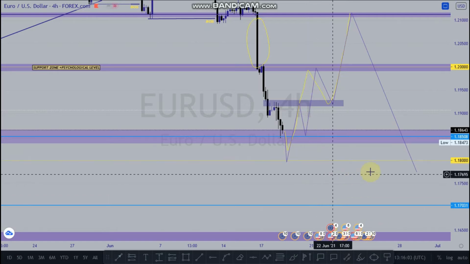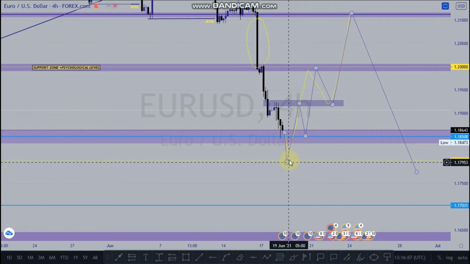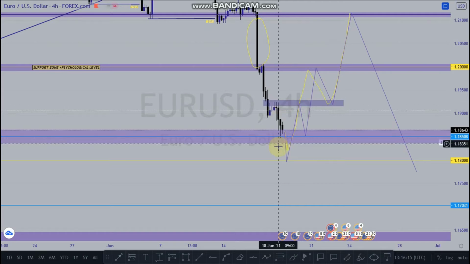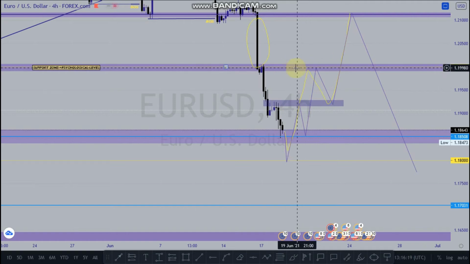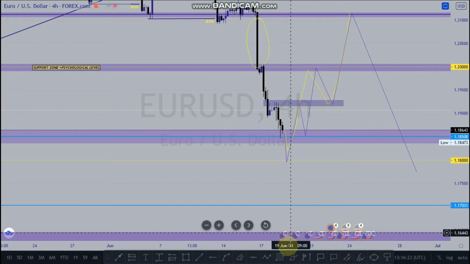So maybe when the price gets to this region, it will fake out and hit this level and then retrace back to this region, because this is the previous lower high. So I'm expecting price to break this lower high and move to this psychological and structured level zone here, and then trace back to this region.